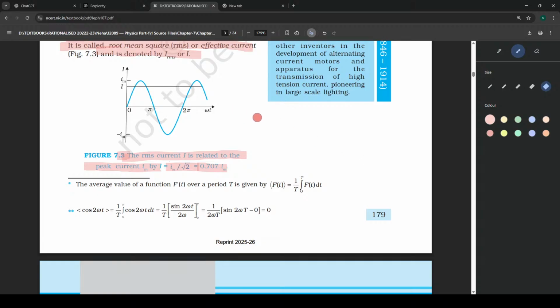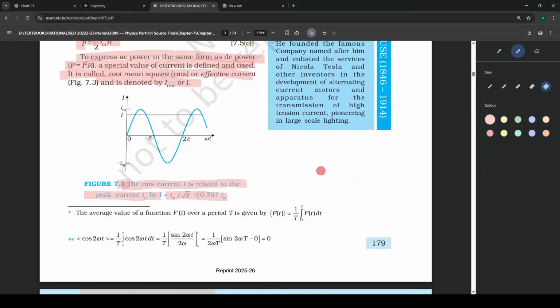Similar to IRMS, VRMS, the root mean square of potential, is also the equivalent AC potential, which over one cycle is equivalent to DC potential. IRMS is the current over a single cycle which is equivalent to DC current.